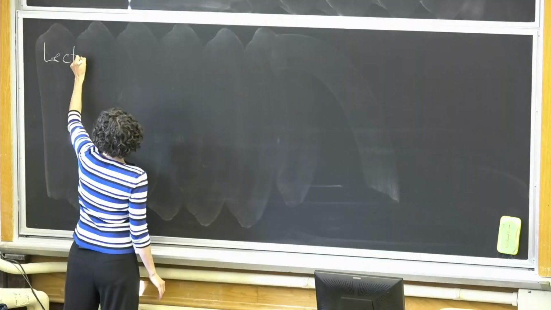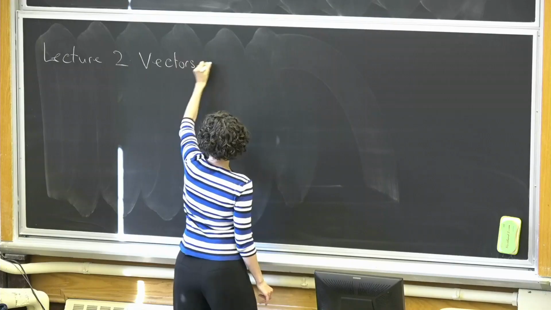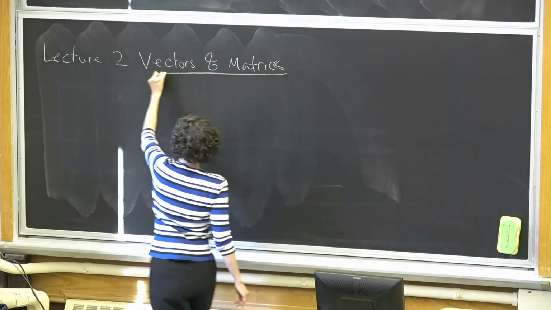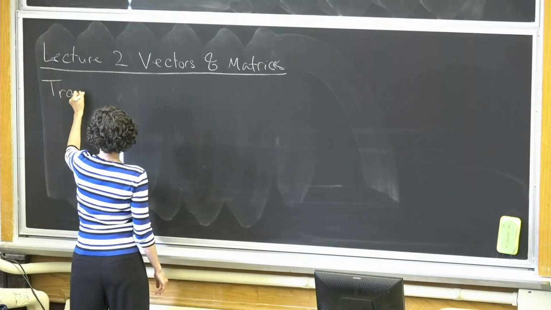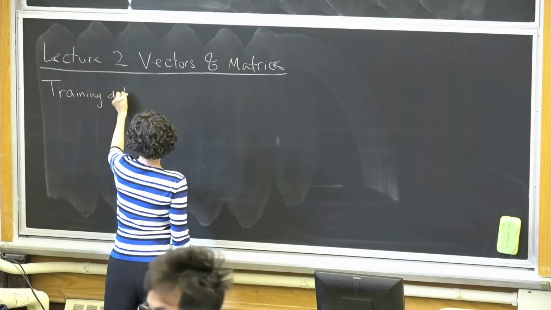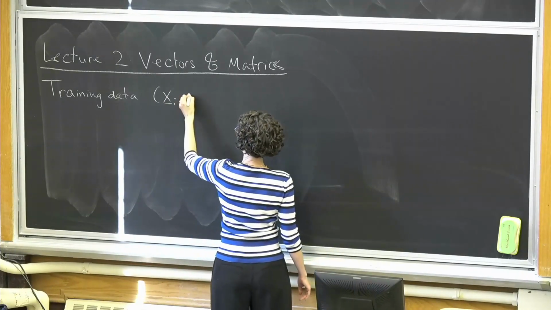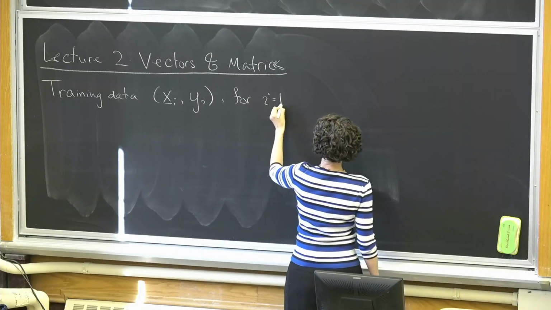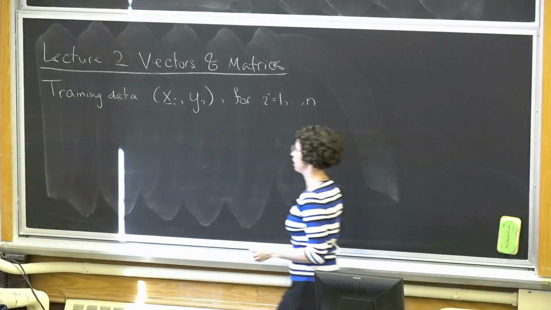All right, so today we are going to start by talking about matrices and vectors. And if you recall from last time, we started off by saying that we had training data that we wrote as pairs of feature vectors, xi, and labels yi for i equals 1 to n. And to start off, we're thinking about classification.